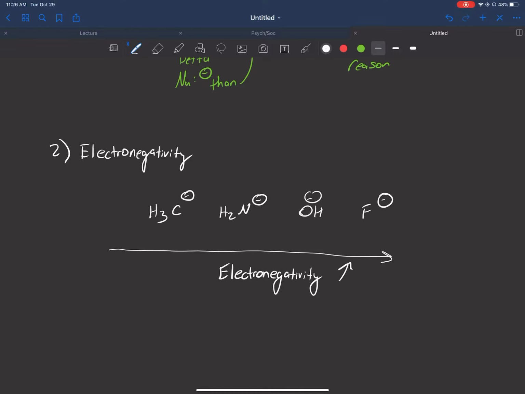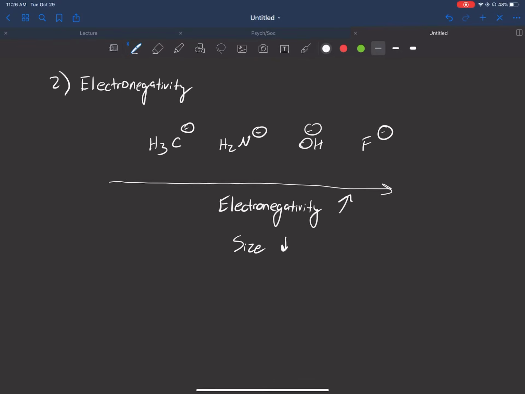Well, think of it this way. As we go to the right, we're increasing electronegativity, but we're also decreasing the size. Size goes down. So we're concentrating electrons in a much smaller area. We don't like that. Those electrons will repel. So as we go to the right, your nucleophilic ability goes down. That means the carbon with the minus charge is a better nucleophile, which is better than nitrogen, oxygen, and fluorine.